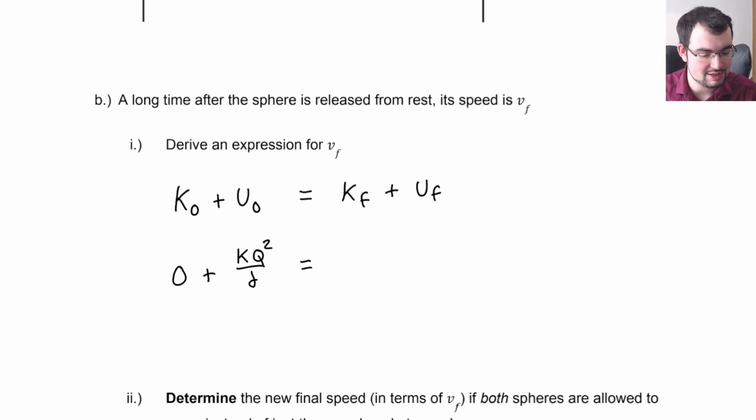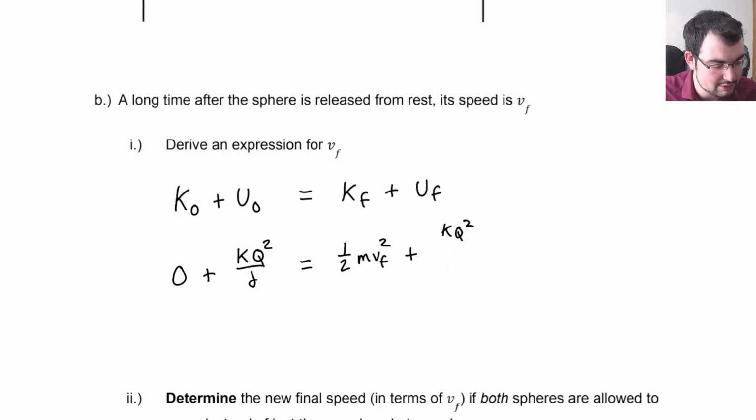One's at 0, one's at d, so their center to center is d. And a long time after, we have one moving sphere, so it's 1/2 mv squared, and our potential energy would be kq squared over their final separation, which is infinity. So that goes to 0.